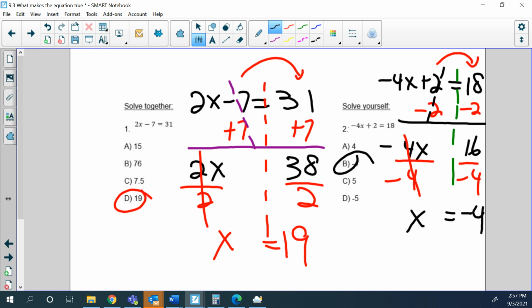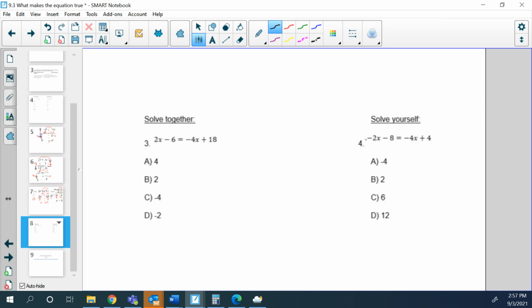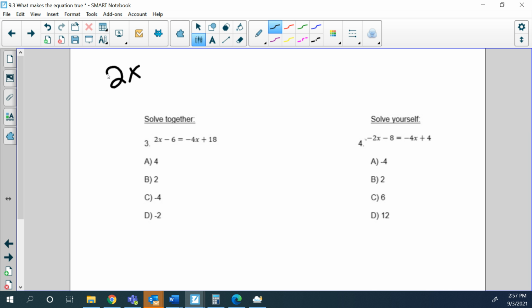All right. Here now we have variables and numbers on both sides of the equation. A little more interesting. So let's see. I'm going to rewrite this over here. So I'm going to have 2x minus 6 is equal to negative 4x plus 18.